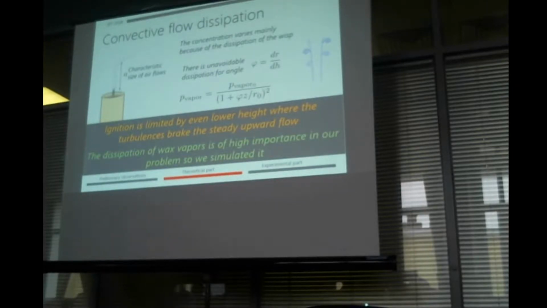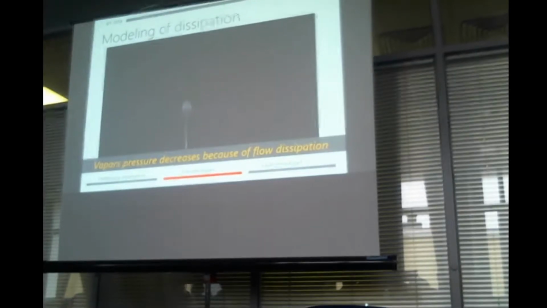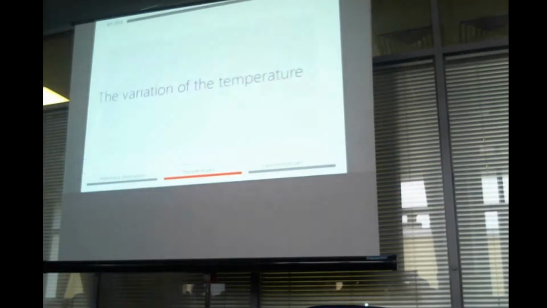The dissipation of wax vapors is highly important in our problem, and so we simulated it. We simulated it in a program which my team member wrote, and from this simulation we obtain the dependence of the wax concentration on the height.